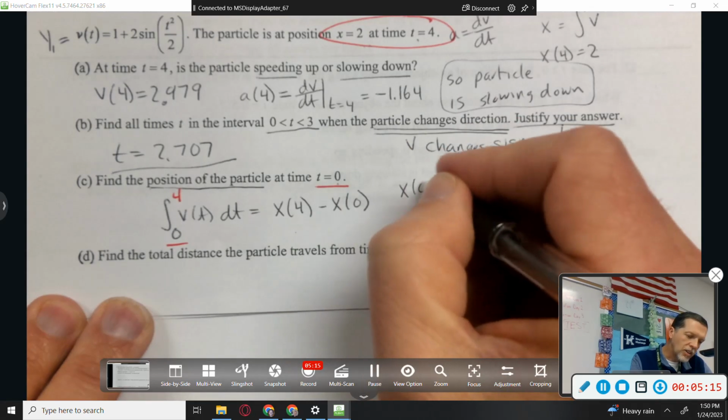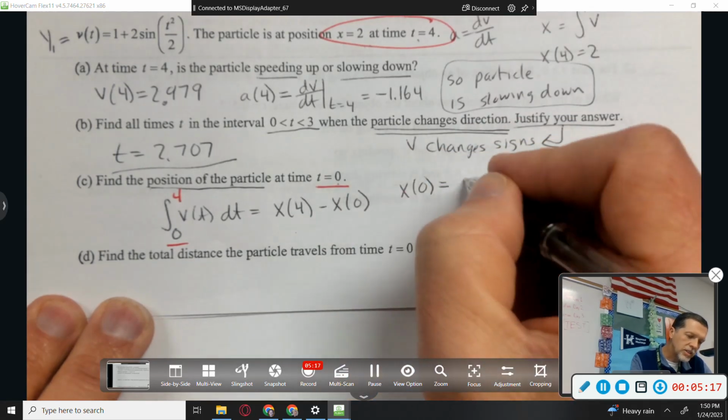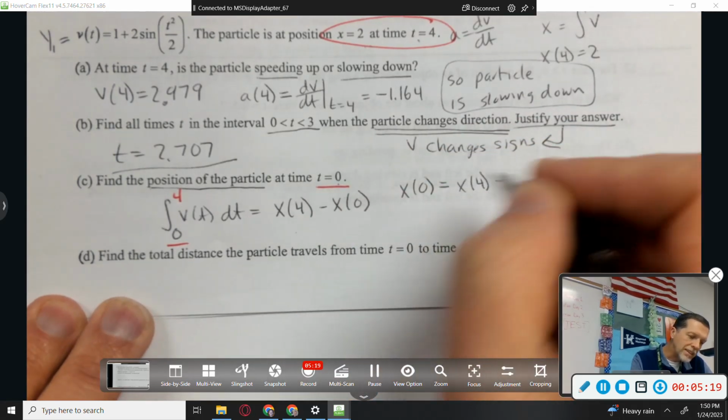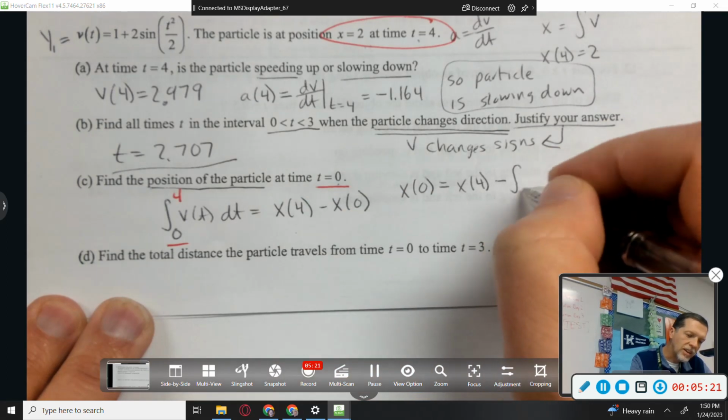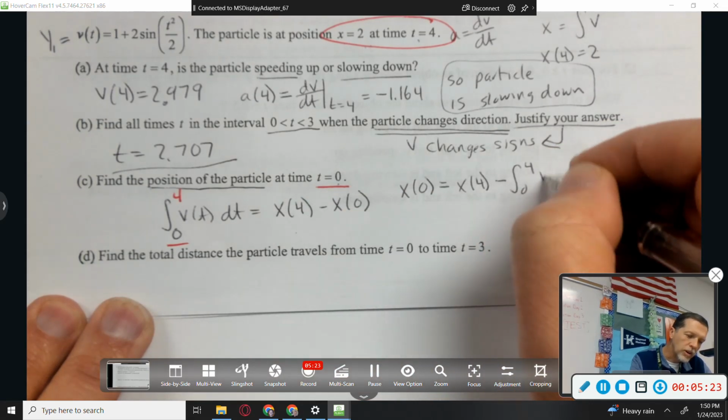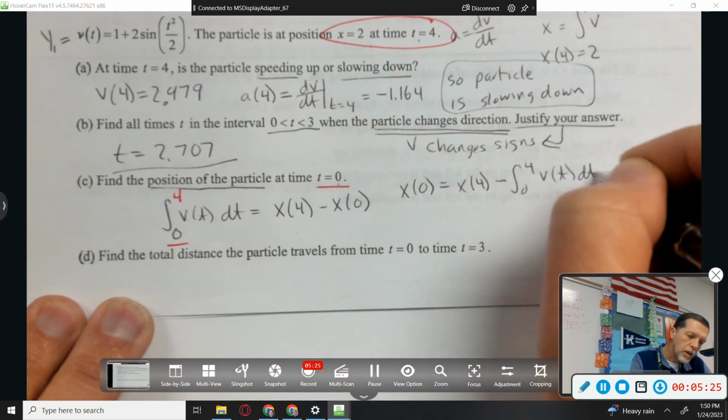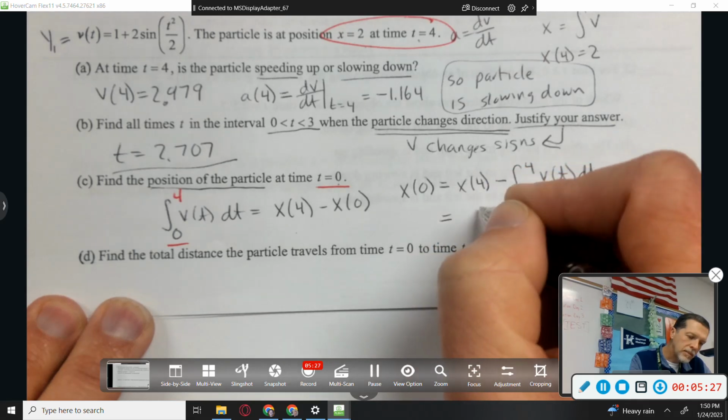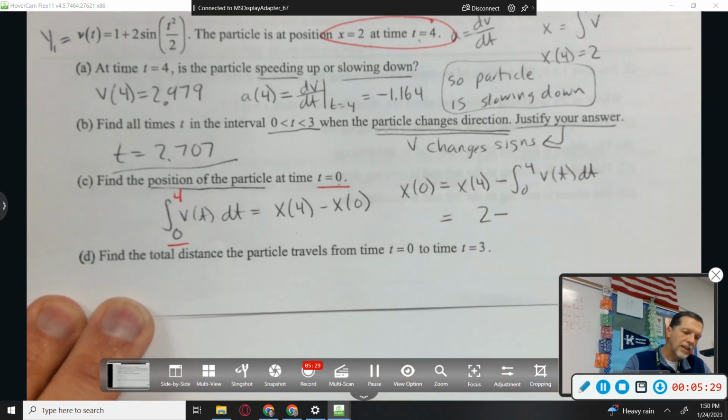So x of 0 equals x of 4 minus the integral from 0 to 4. So 2 minus that integral.